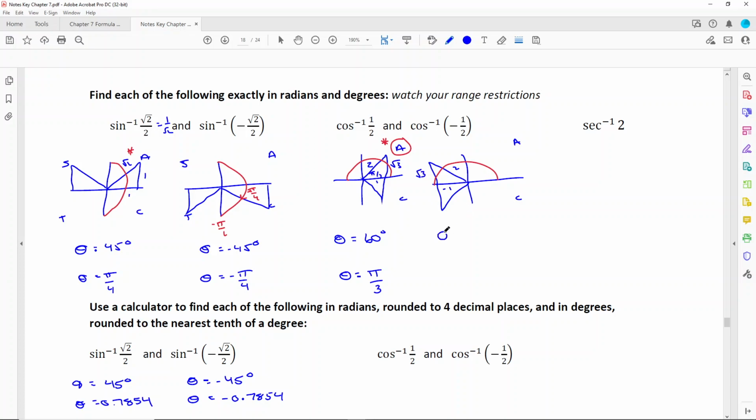Okay, so if my reference angle is 60 degrees, then the angle in the second quadrant is 180 minus 60, which is 120 degrees. And if I was to do it in radians, it would be pi, which is 3 pi by 3, minus pi by 3, which gives you 2 pi by 3.